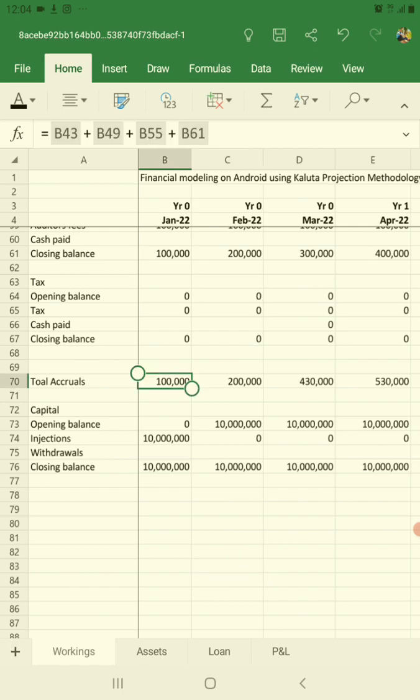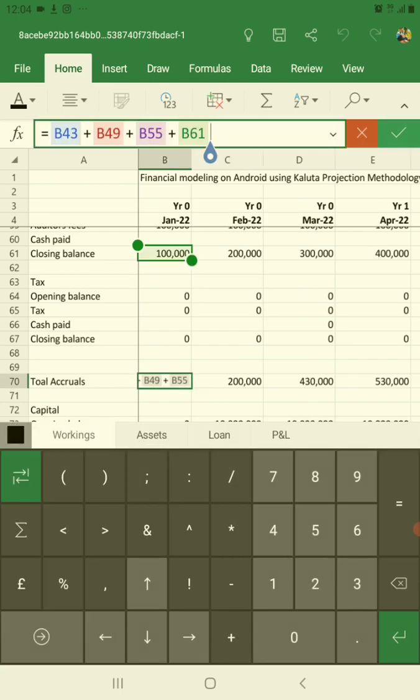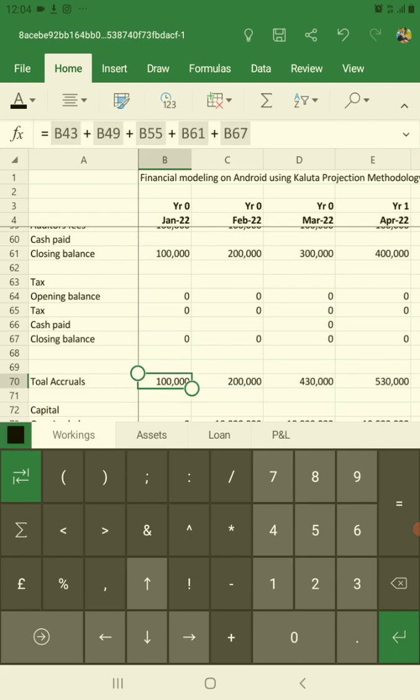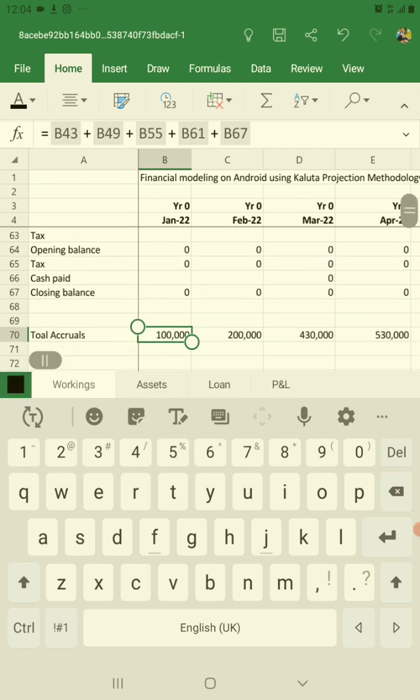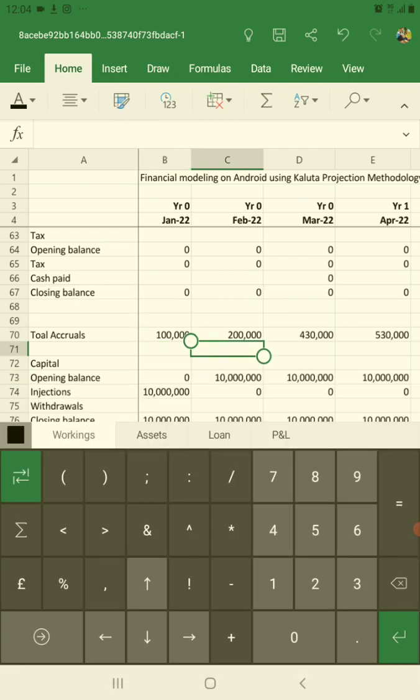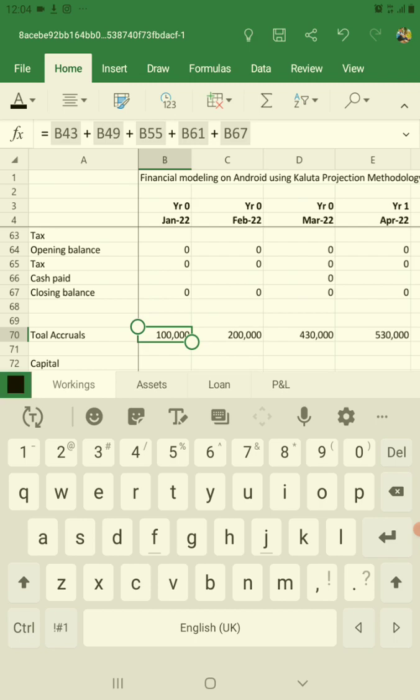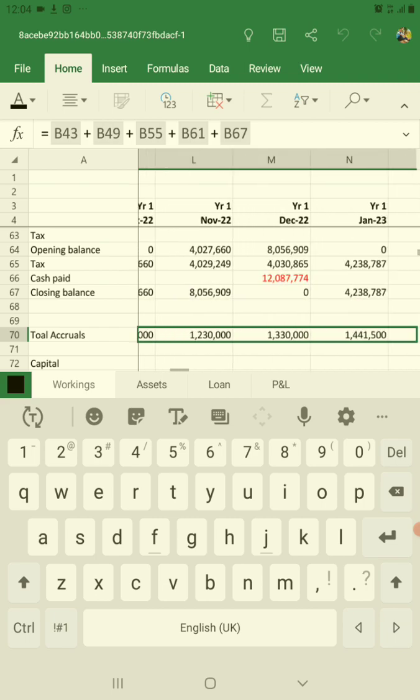So I click here to add plus the closing balance of tax accrual, which is here. Enter, and then drag or fill this to the rest of the planning horizon.